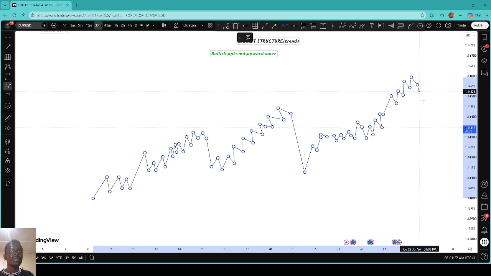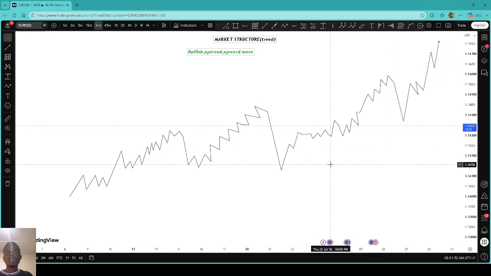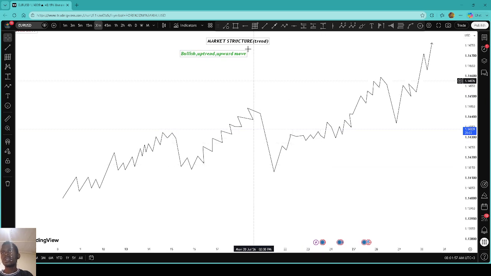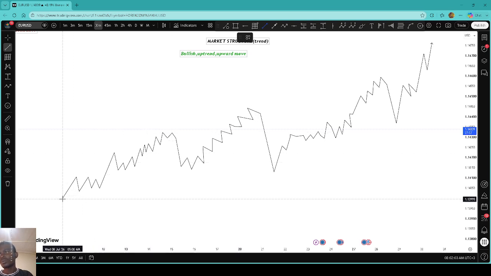Why do I say still an uptrend? This one is still an uptrend. Regardless of how price is moving here, it is still an uptrend because price has a low.